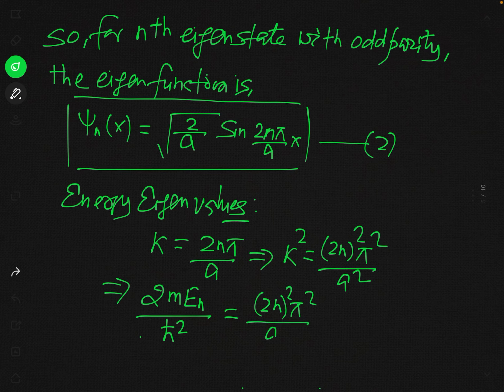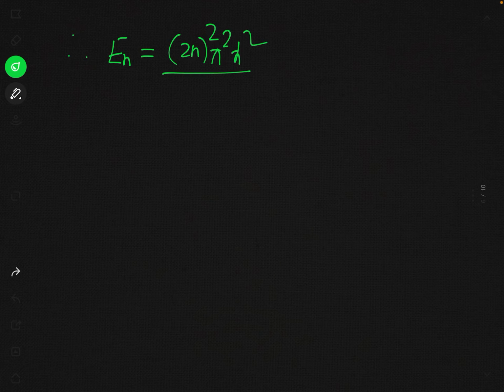And so from here we can write the expression for energy, and you can write that this En is equal to 2n whole square pi square h bar square over 2ma square.